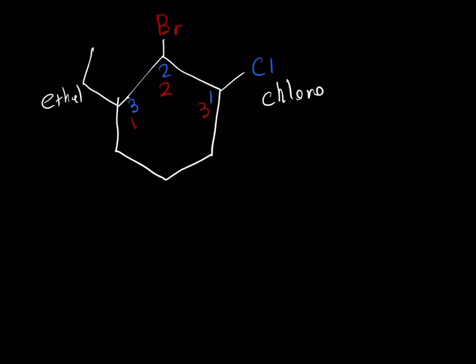And we only do this when both situations would create the same numbers for the substituents, because either way, as you can see, we're going to have 1, 2, and 3, and then the other one's going to be 1, 2, and 3. So first you prioritize the number when counting the carbons, and then you prioritize the alphabetical order. So we said that the blue one is the better one.